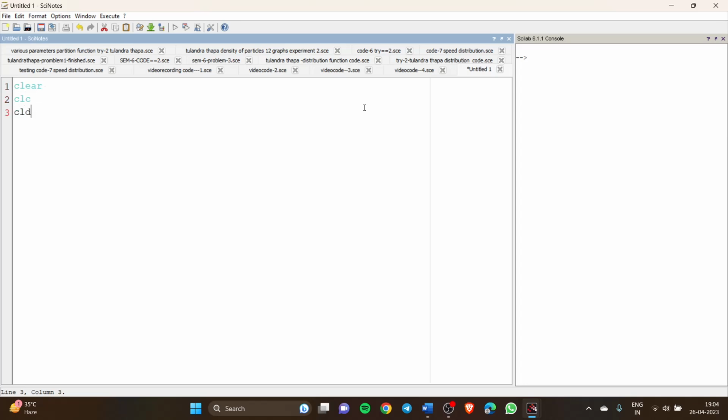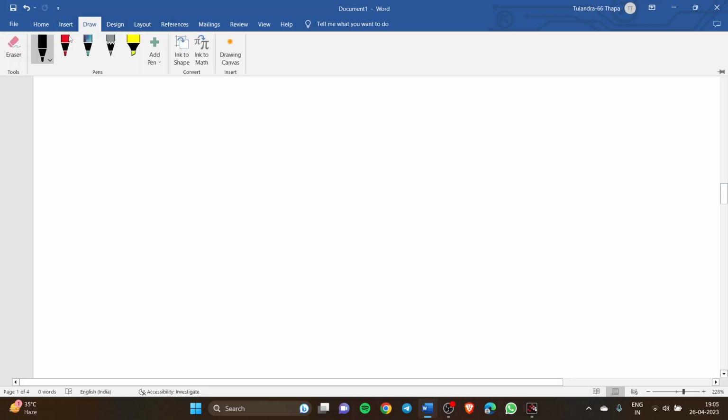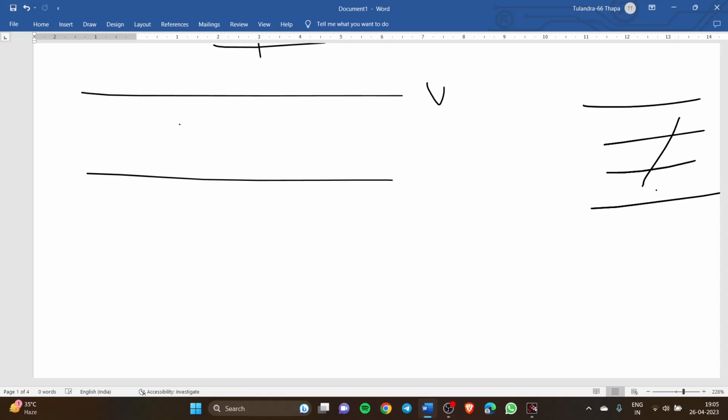So let us start by first writing clear and clc. Now let me try to explain what is happening here. Firstly, we have a two-level system, because when a paramagnetic material is placed in a magnetic field, its magnetic moment mu forms an angle theta with the direction of B. So we have the magnetic energy as minus mu B cos theta.